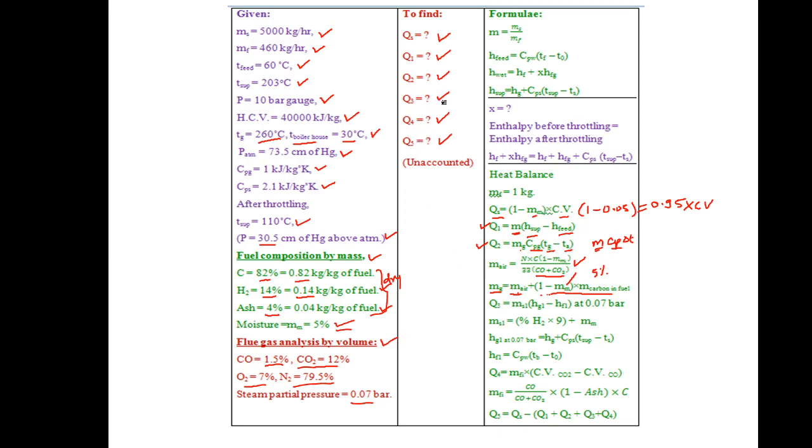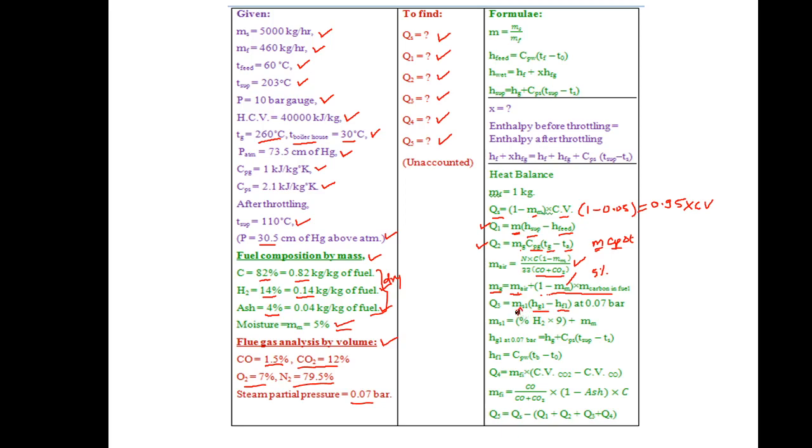Q3 is the amount of heat carried by steam in the flue gases. So we have to find the enthalpy of steam in the flue gases minus the enthalpy of feed water at boiler house temperature. Here ms1 is the mass of steam.